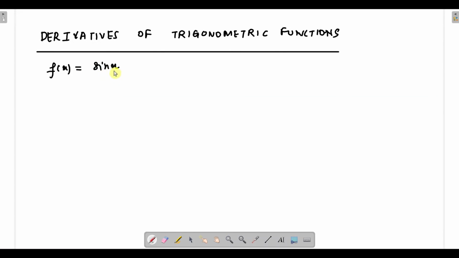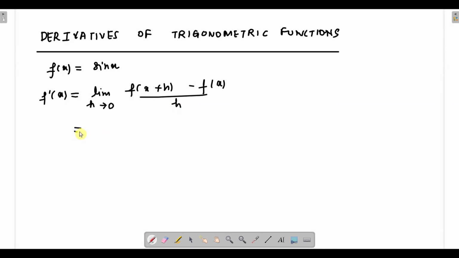Okay, so the derivative of this function sin x we will calculate by the first principle of derivative. So f prime of x will be equal to limit h tends to 0 of f(x plus h) minus f(x), and then divided by h, right? So this will be nothing but limit h tends to 0, and f(x plus h) is what? sin(x plus h).